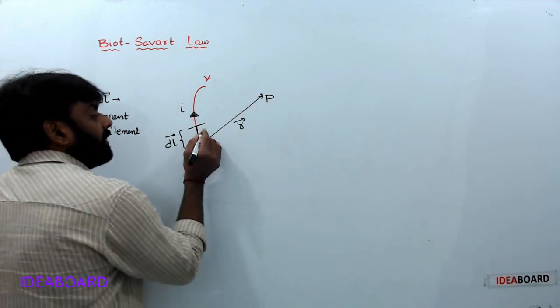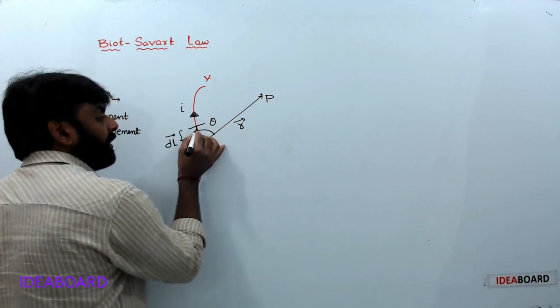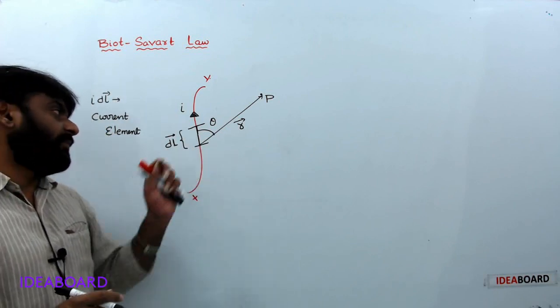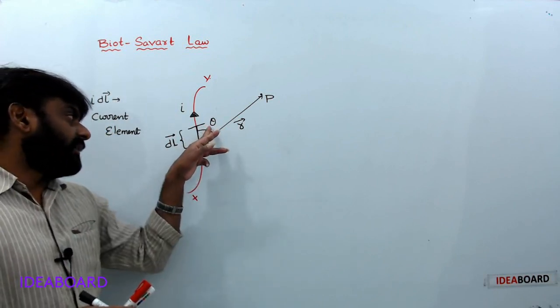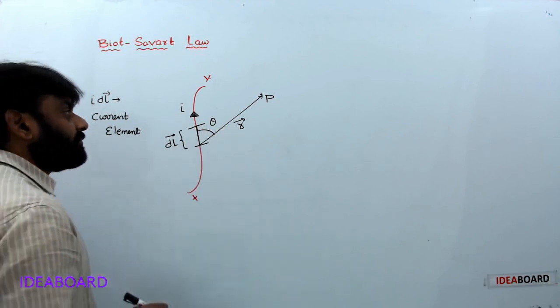The angle between the current element and this position vector is theta.